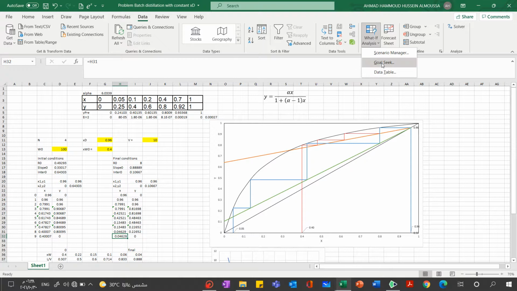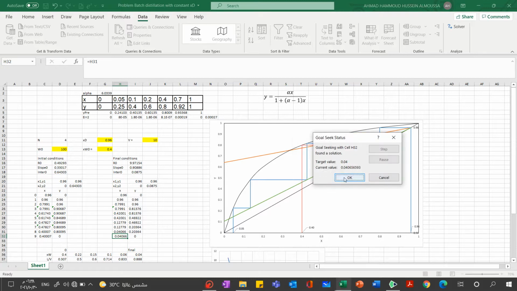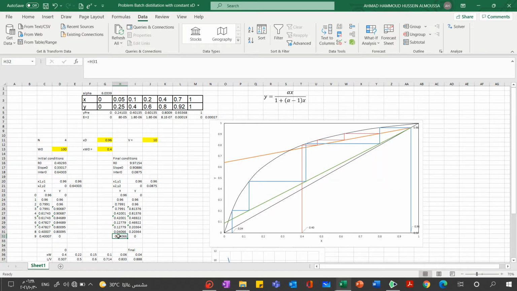You want this cell, choose it, then to value 0.04, by changing this R final, the final reflux ratio. Press OK. It will give you the predicted value.